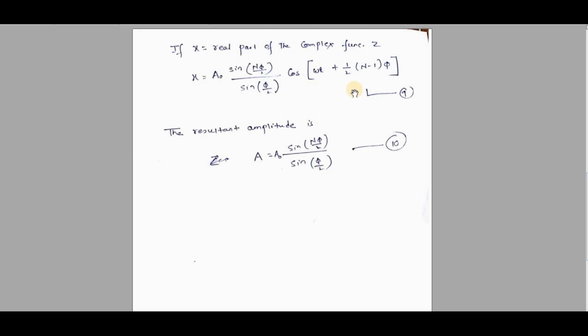From equation 8, x is the real part of the complex function z, as I already discussed. So extracting the real part, e to the power i omega t plus n minus 1 phi by 2 can be written as cos of this plus i sin of this.